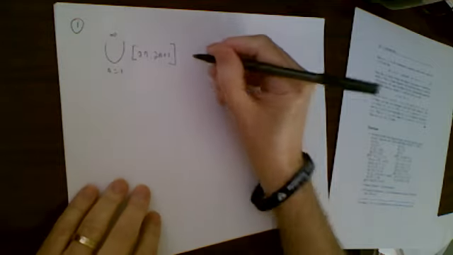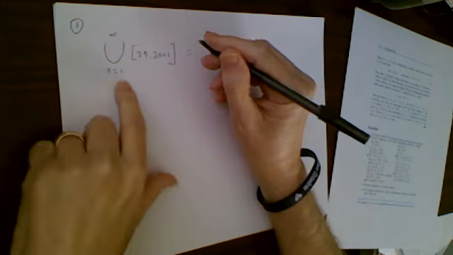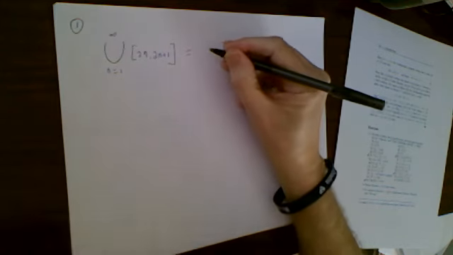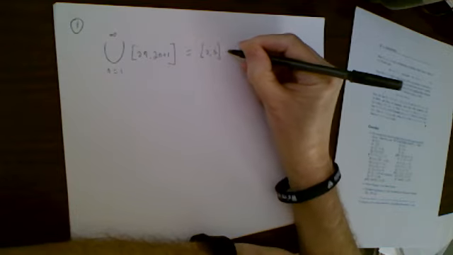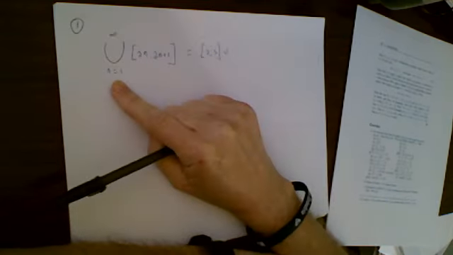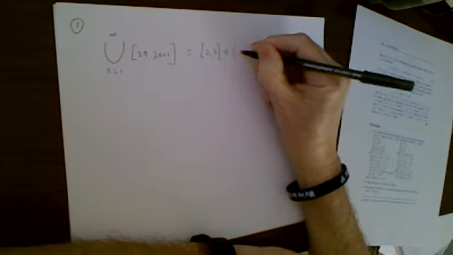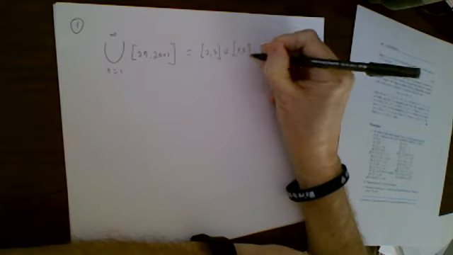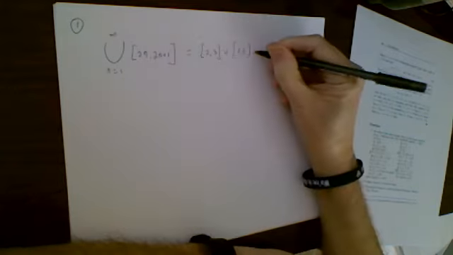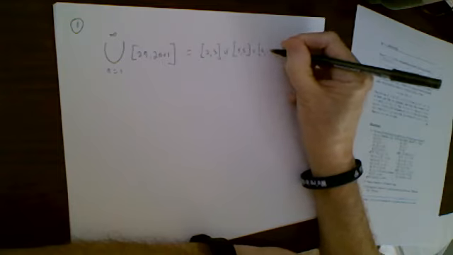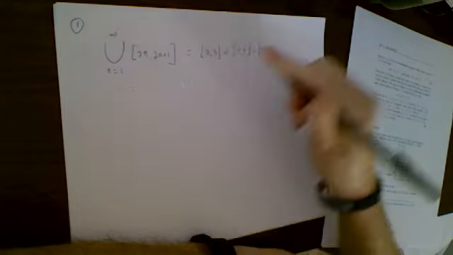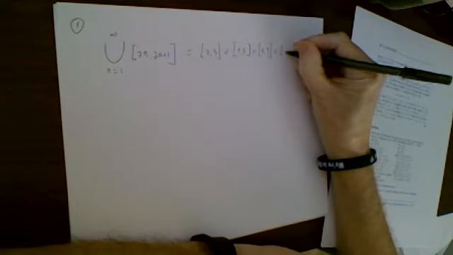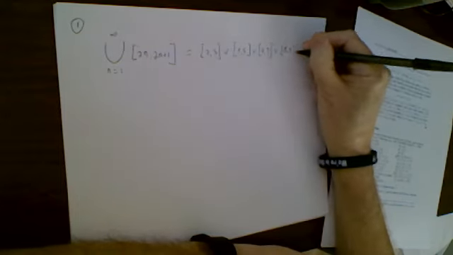So in other words, it's starting at n equals 1. It's the interval from 2 to 3. Union, when n is equal to 2, the interval from 4 to 5. Union, when n is equal to 3, the interval from 6 to 7. Union, when n equals 4, the interval from 8 to 9.